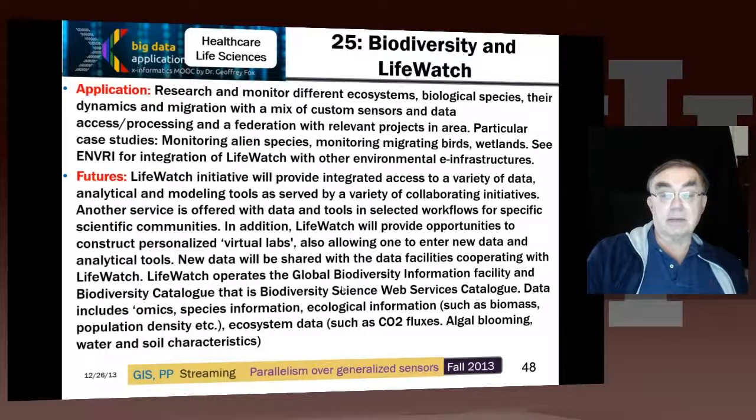And it's meant to provide an opportunity to add different types of data. There's something called the Global Biodiversity Information Facility, which is the catalog of information that has cataloged all the information in this system, which is a very diverse system. It includes genomics information, proteomics information, and ecological information such as how much biomass there is in the region, what the density of the various populations are, carbon dioxide fluxes, things like that.